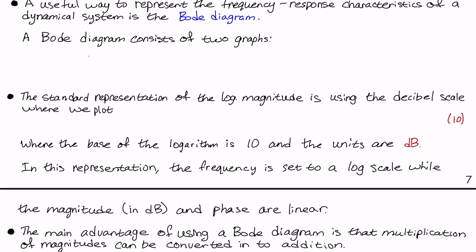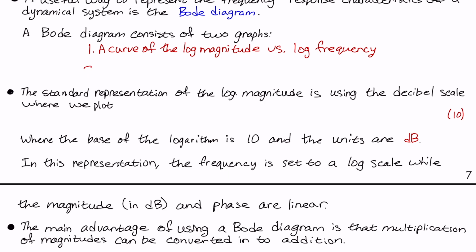First is a curve of the log magnitude versus frequency, or versus log frequency. And then the second is a curve of the phase angle versus log frequency.